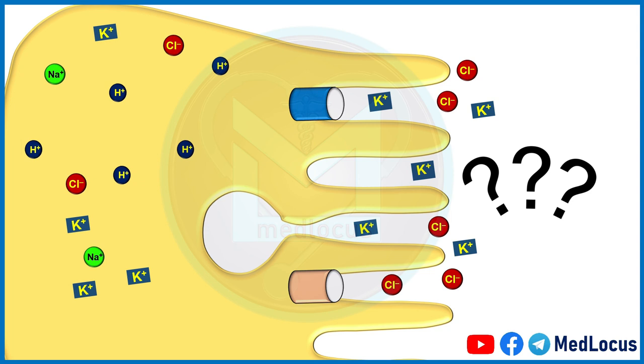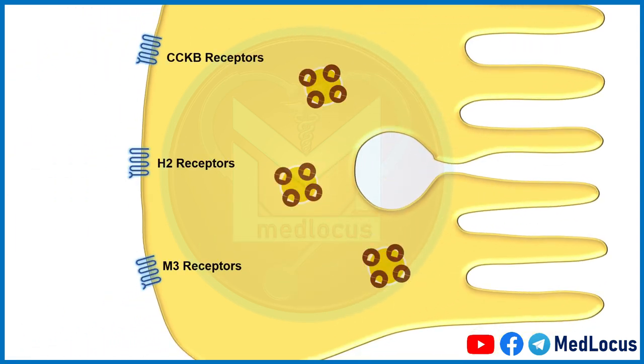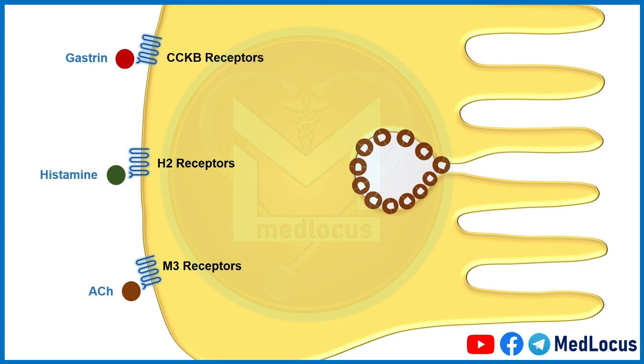For that, we need to know some receptors present in parietal cells, like M3 receptors, H2 receptors, and CCK-B receptors, which are activated by acetylcholine, histamine and gastrin respectively. After activation of these receptors, there is fusion of tubular vesicles containing the hydrogen-potassium ATPase pump into the apical membrane.